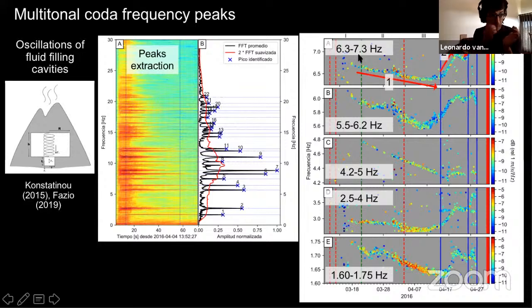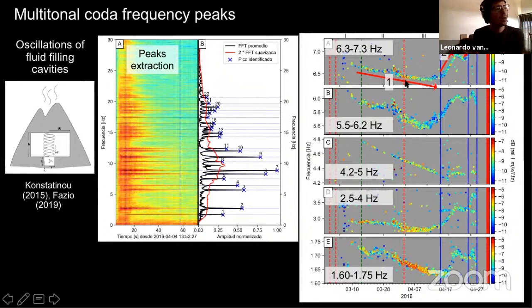I'm showing here only the first 7 hertz, but you can see that we have peaks going up to almost 20 or 25 hertz.